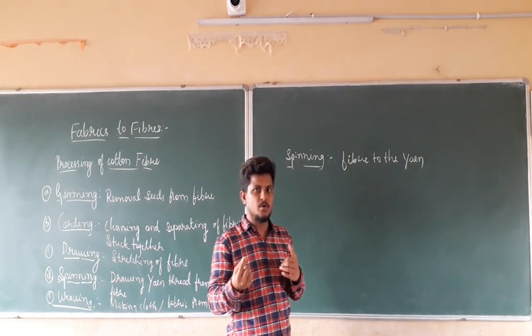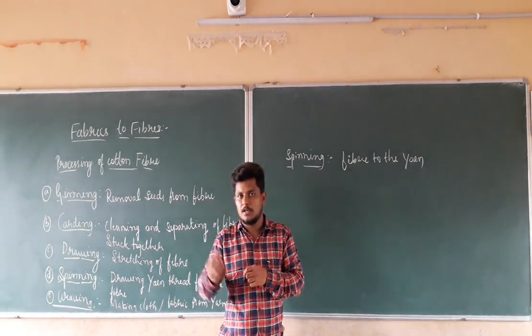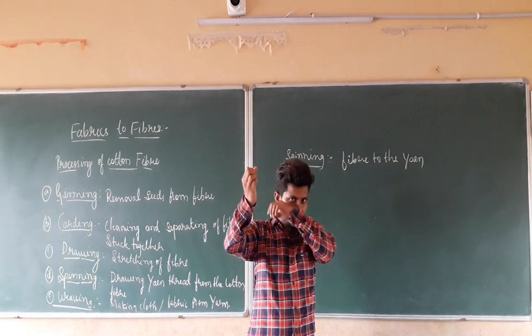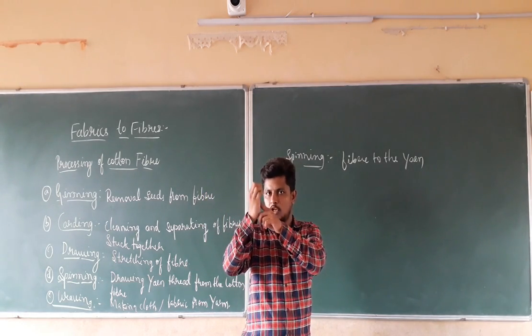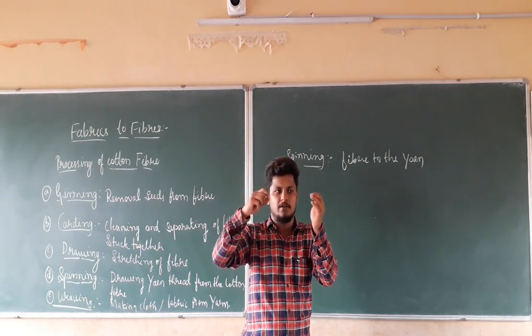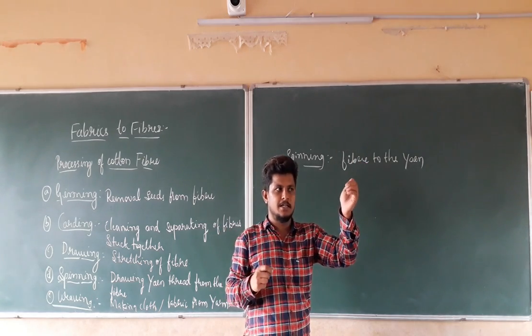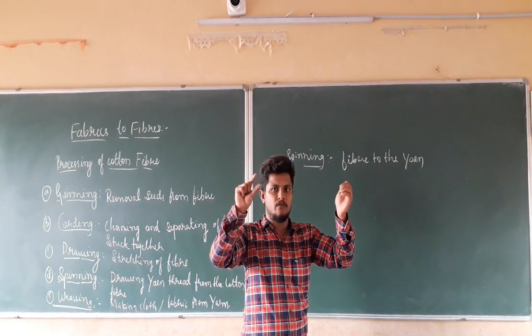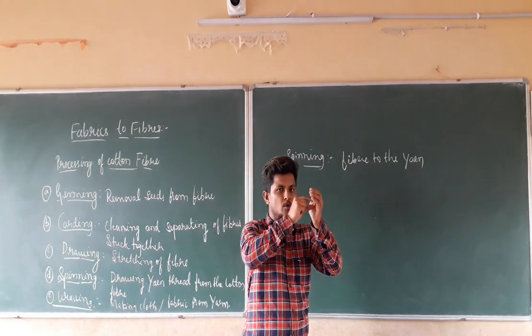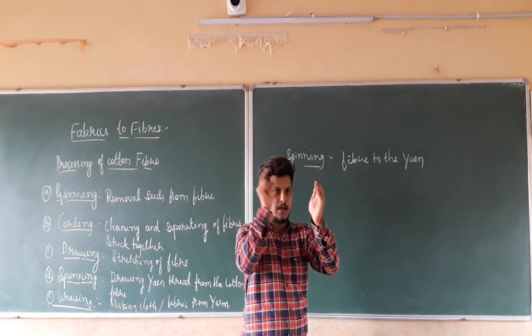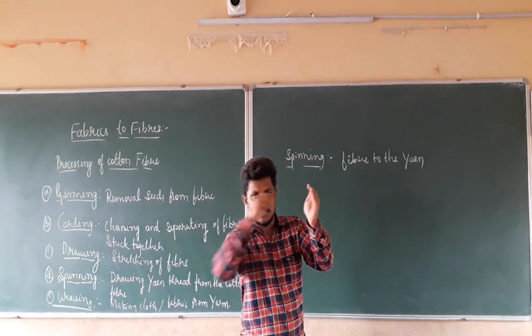After that, how are we going to pull it out? I am going to keep the cotton wool in one hand. With the other hand, I am going to use my forefinger and thumb to pinch it and pull it out.